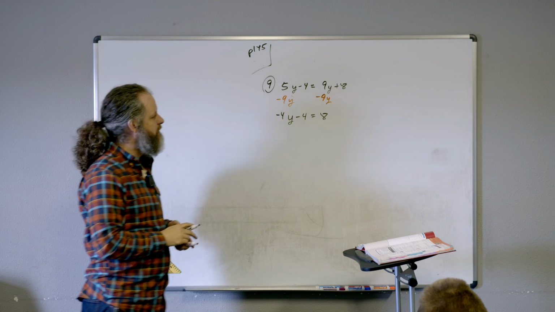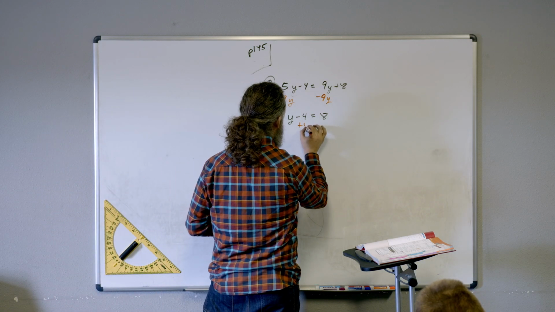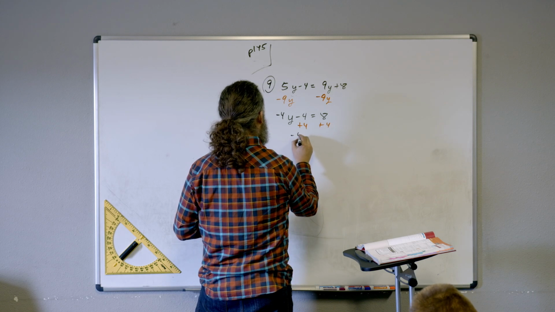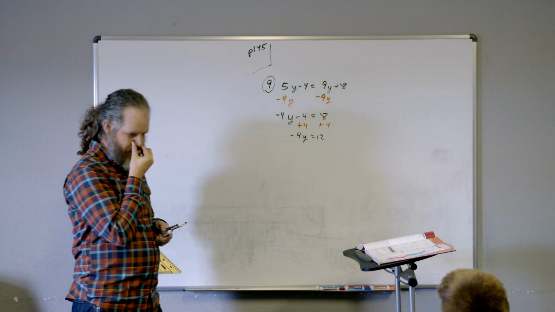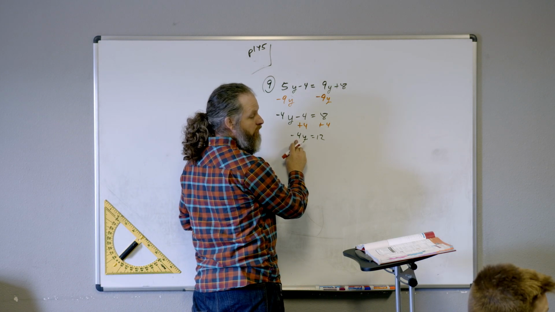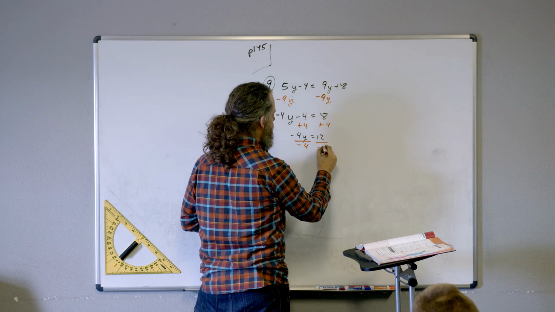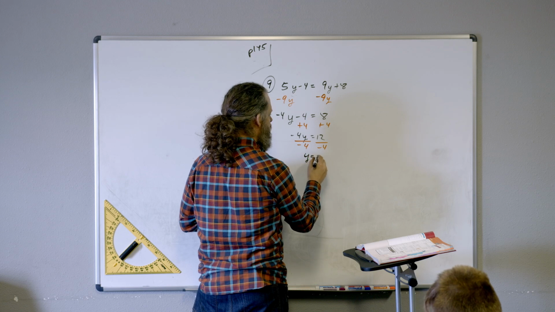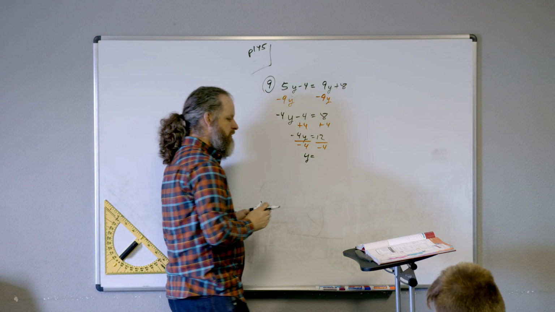Now what would we do? Add the 4. And then what? Divide by negative 4, because we're getting the 1 off the y, right? So what's the answer? Negative 3.